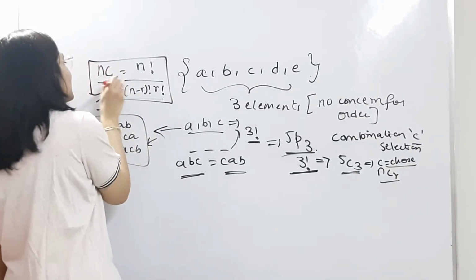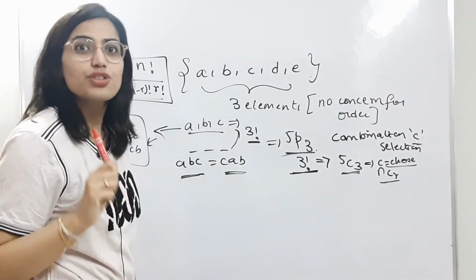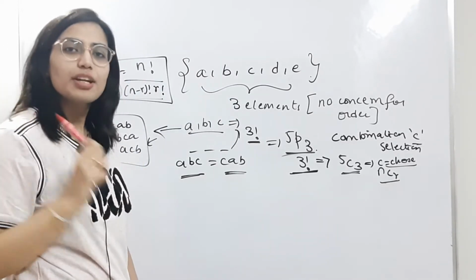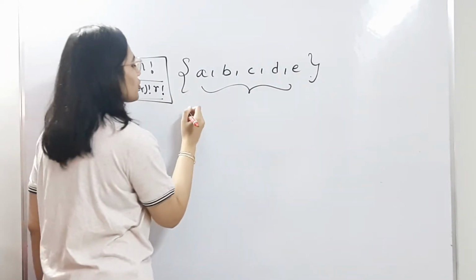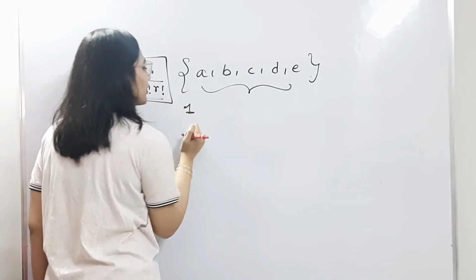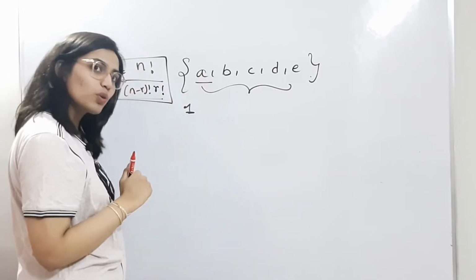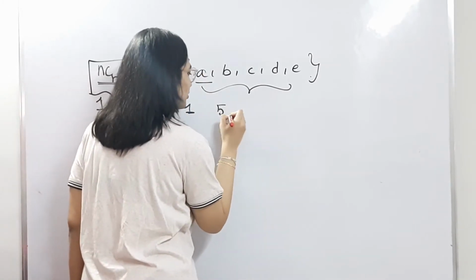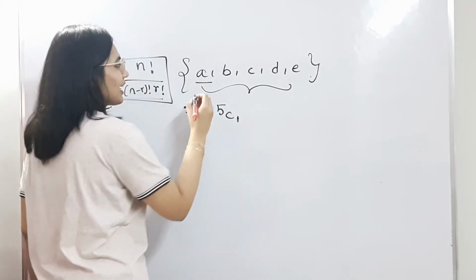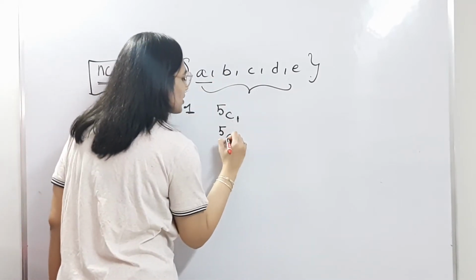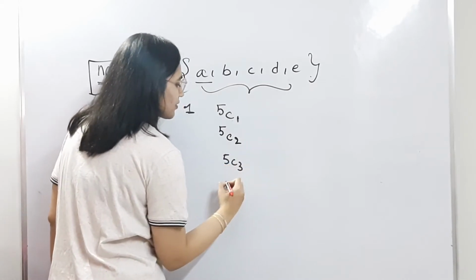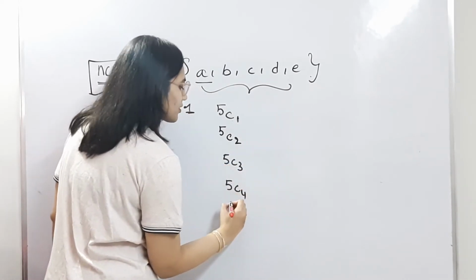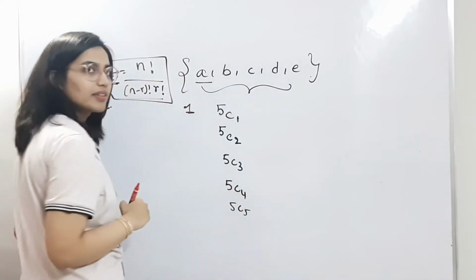Okay, this is very important for us to know in order to understand the binomial theorem. If I say that I want to choose one element from 5, how do I denote that? I will denote that like this, 5C1. And if I want to choose 2 elements from 5, 5C2. 3 elements, 5C3. 4 elements, 5C4. 5 elements, 5C5.